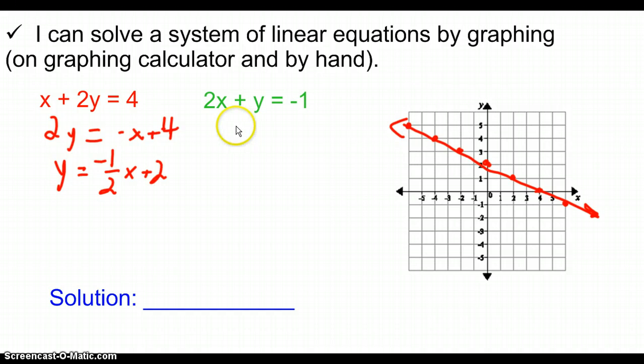Next, solving the second equation, we end up with y equals negative 2x minus 1. And so if we graph that equation, our y-intercept is negative 1, and a slope of down 2 to the right 1, and also up 2 and left 1.